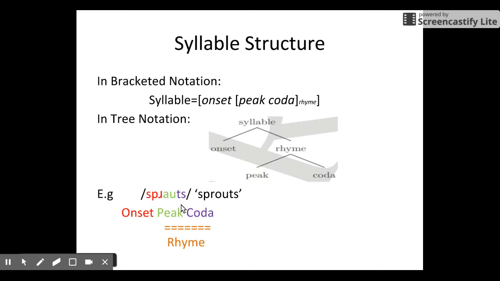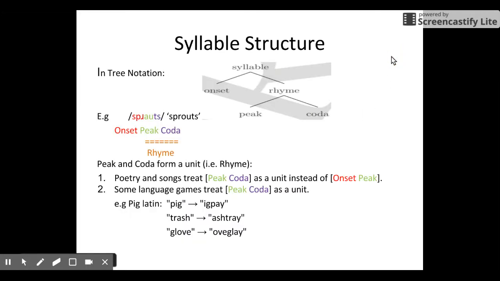And then, another example, if we have sprouts, the vowel is the peak, ts is coda, and spr is the onset. And peak and coda form rhyme. Okay.